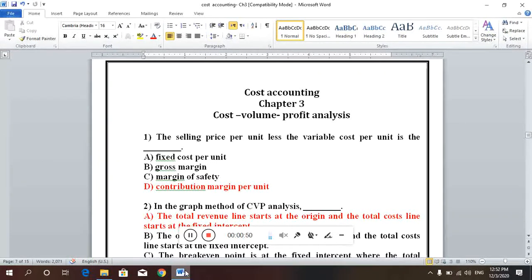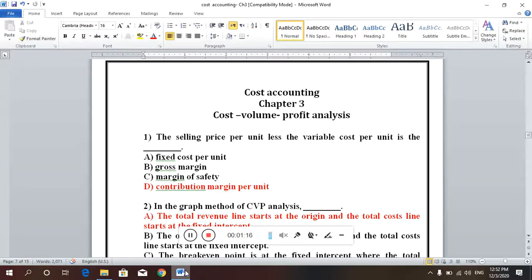So today we are going to implement on this assumption, and we will implement on the break-even point, and on the margin of safety by examples. So let's go.